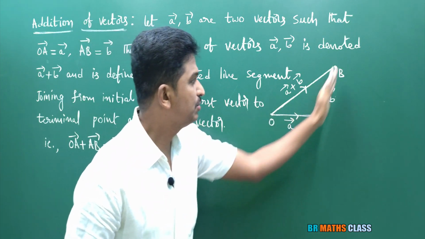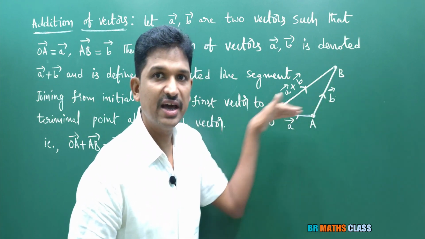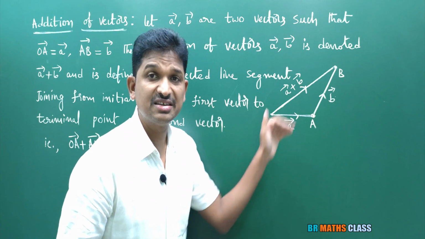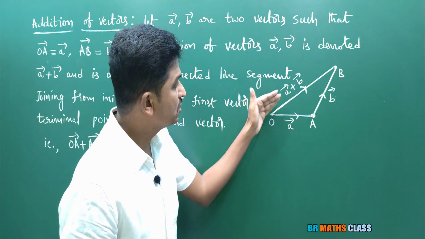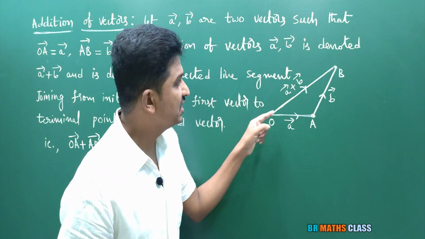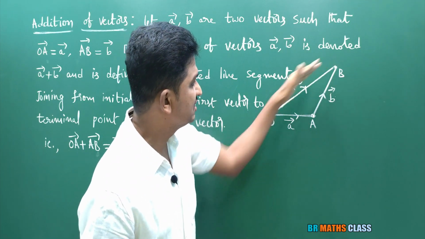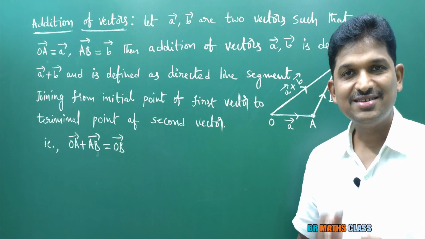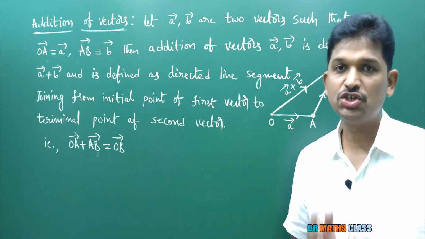Now you observe the addition of these two vectors, that means the resultant of these two vectors, is in the opposite direction of A bar, B bar. It is going like this. So this is the definition of addition of vectors.